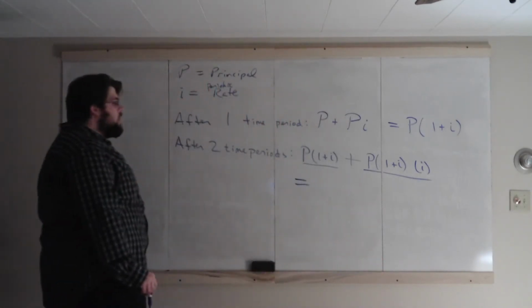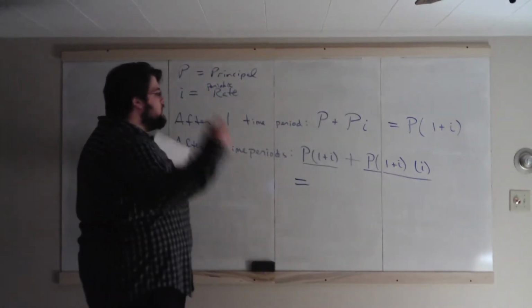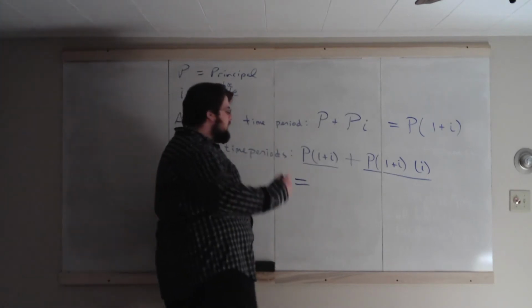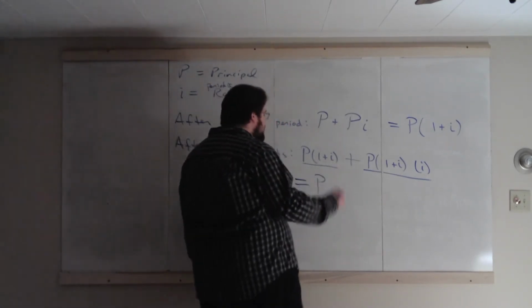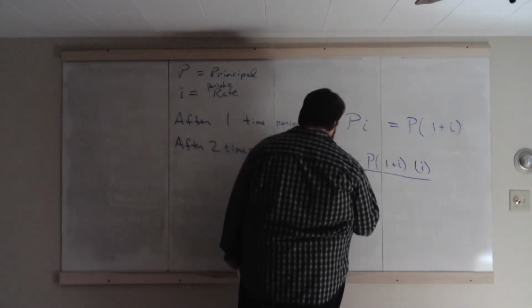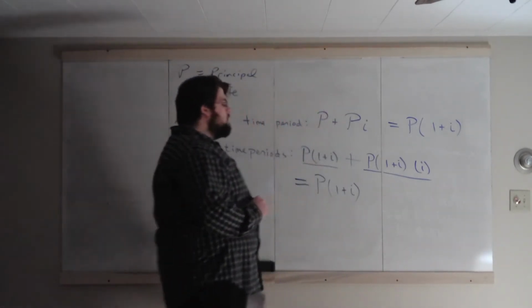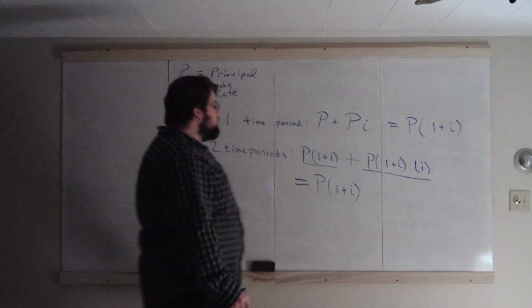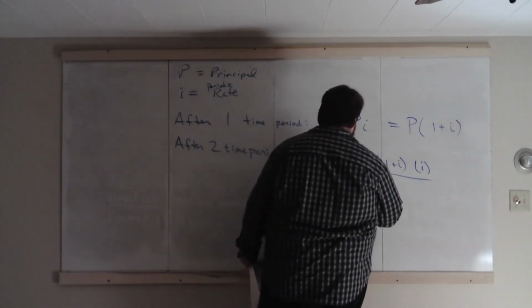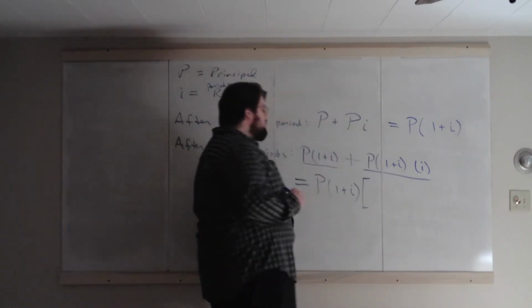Do they share anything in common? Yes, they share a lot in common. They share a p. They share a 1 plus i. So we can factor out a p times (1 plus i) from both of these terms. If we do that, what are we left with?